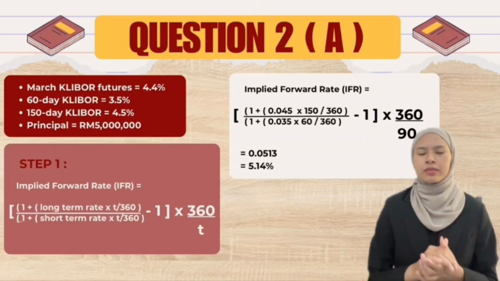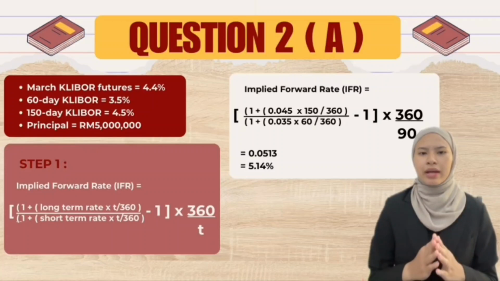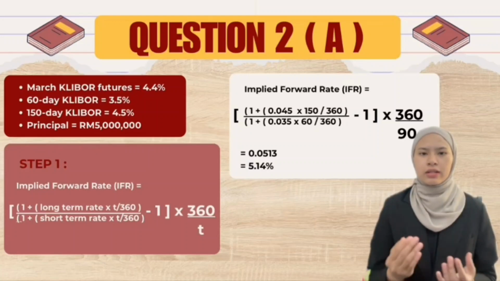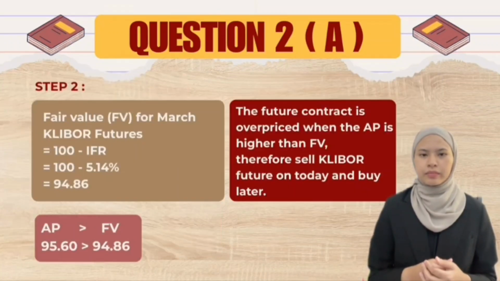The first step is to calculate the implied forward rate, also known as IFR. We use the 60-day and 150-day CLIBOR rates to estimate the implied interest rate of the remaining 90-day period. After substituting the values into the forward rate formula, we obtain an IFR of approximately 5.14%.